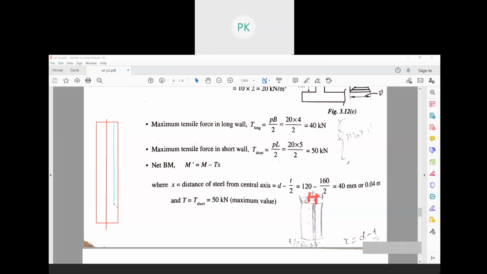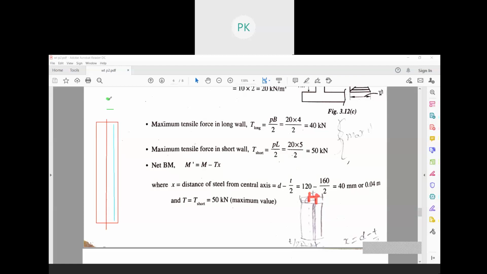Here we have provided the steel. So the distance between the center of the wall to the steel is what we call x, okay.